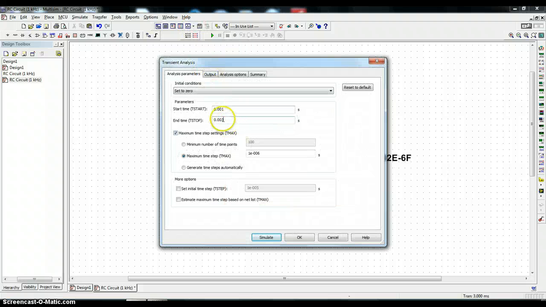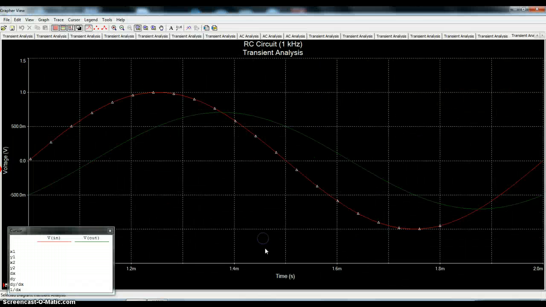And this time I'm going to just go from 1 millisecond to 2 milliseconds. So I'm changing the time scale such that I have just 1 cycle, and hit Simulate, and we have 1 cycle with the 1 volt input and the output, which at that particular frequency will be about 0.707 volts.